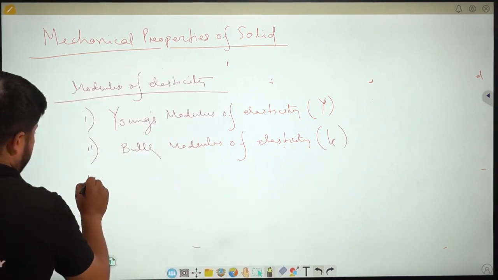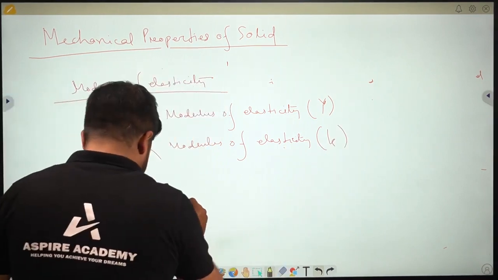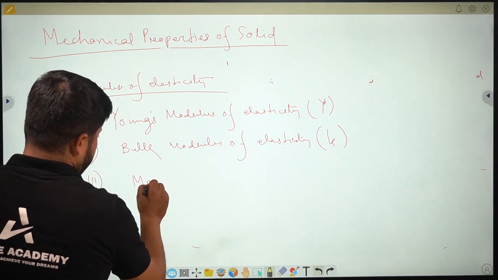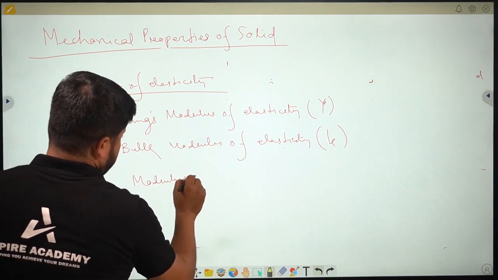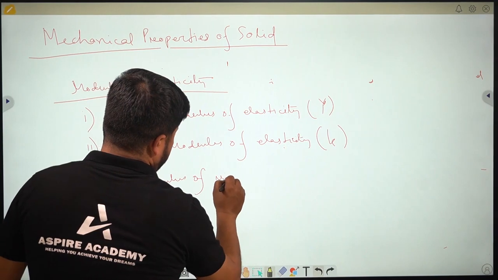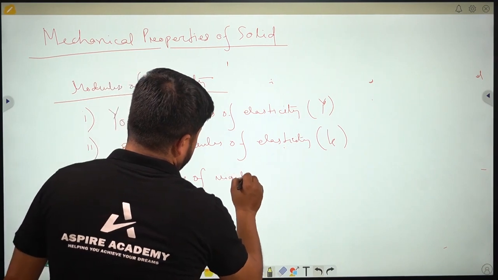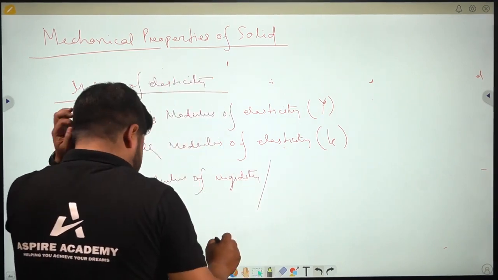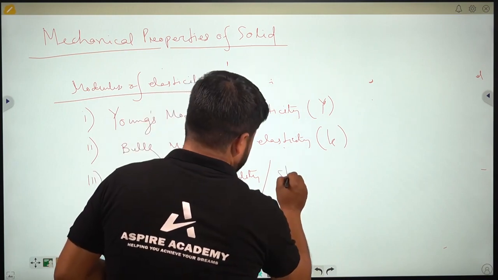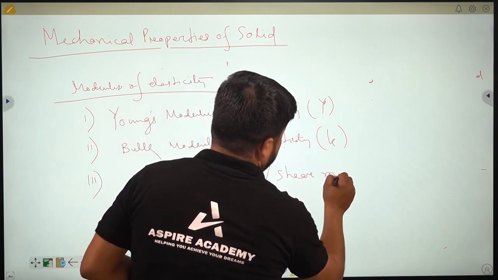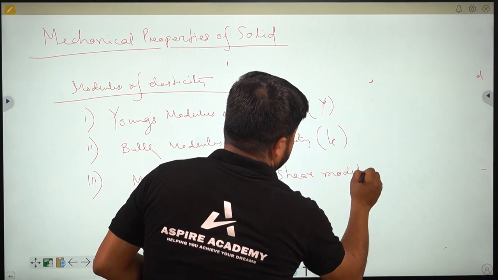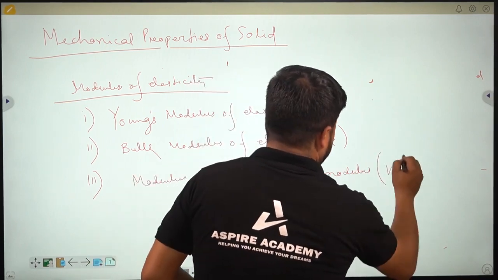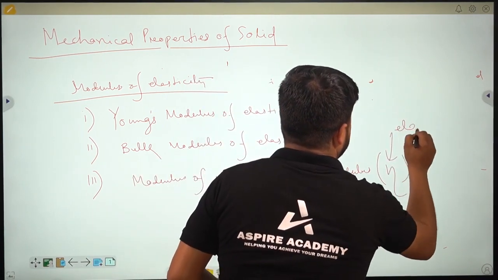And number three is modulus of rigidity, or shear modulus, which we call eta.